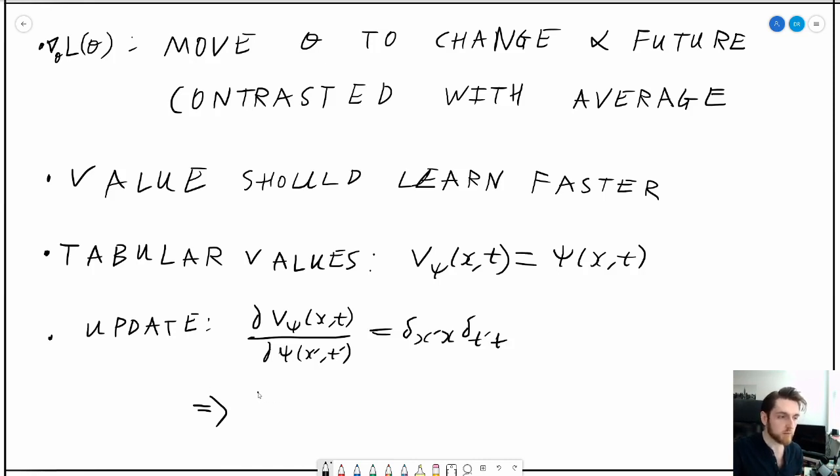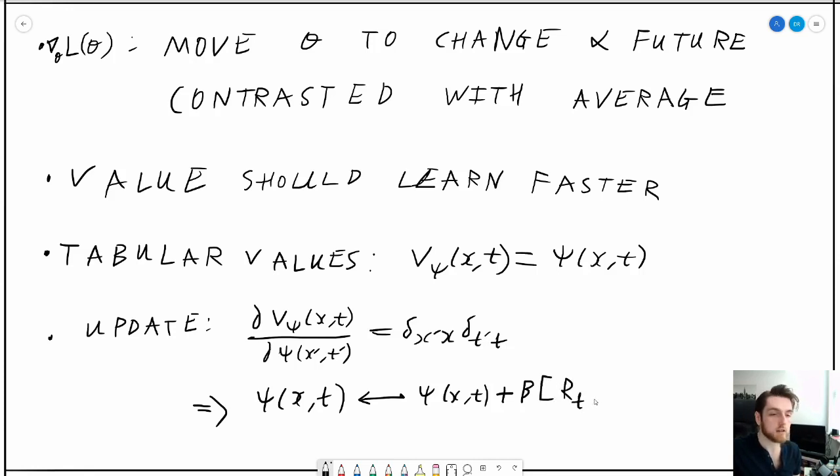So then this gives you an update which is just, for each state along the trajectory, psi of x and t goes to what it was before plus beta, which is another learning rate for the value function, times the return minus what it was before.